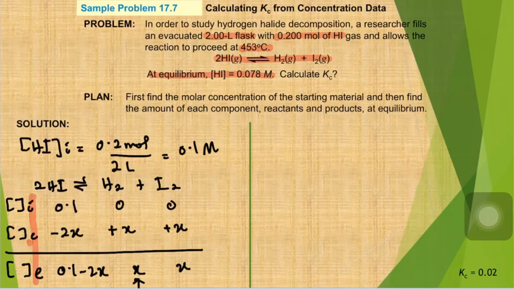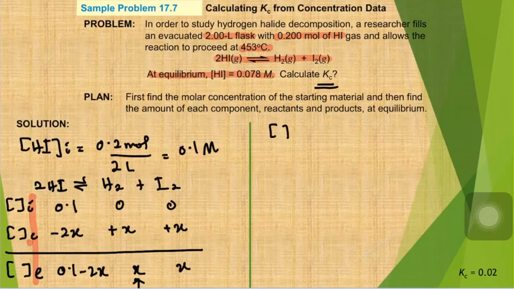Next, we have to solve x because we want to calculate the Kc value. To calculate the Kc value, we have to have the concentration of all components, I2, H2 and HI, at the equilibrium. The only information that we get in the question is the concentration of the HI at the equilibrium. So this part is solved. We can get the value of x, which is the same as the concentration of the H2 and I2, by solving it using the concentration of the HI at the equilibrium.